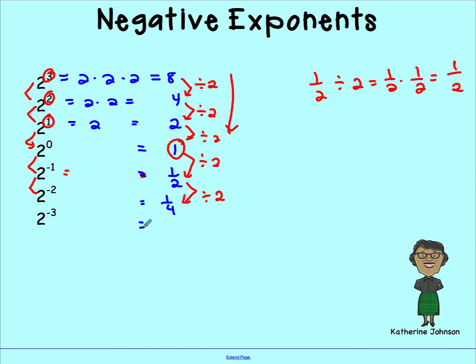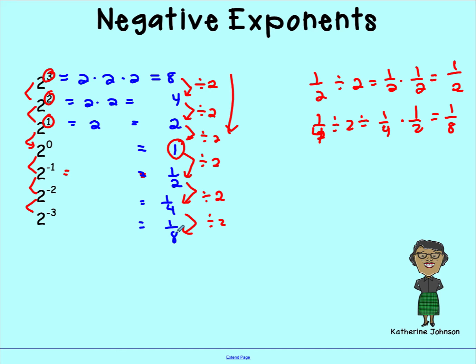And if I do that with the next one, decreasing the exponent by 1 again, which means I'm going to divide by 2 again, now I have 1/4 divided by 2, which is 1/4 times 1/2, which is 1/8.